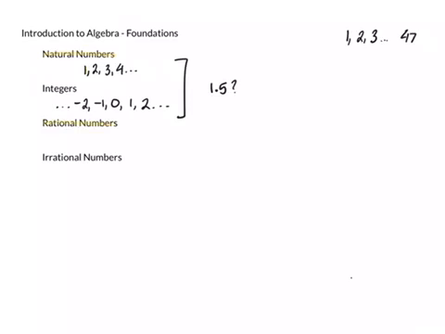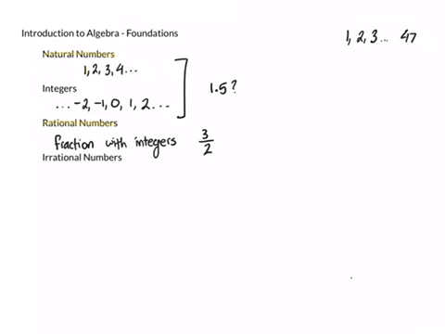So rational numbers are any number that can be expressed as a fraction using only integer numbers. So a fraction with integers. So in the case of 1.5, that's 3/2.